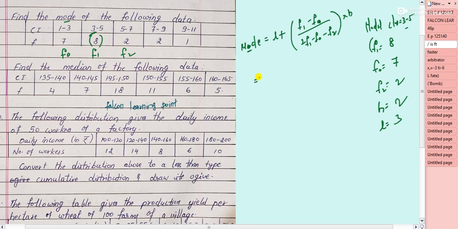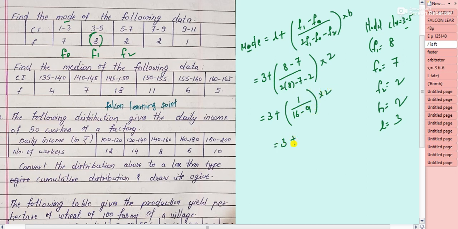Now just substitute. 3 plus (8 minus 7) divided by (2 into 8 minus 7 minus 2), into H, which is 2.